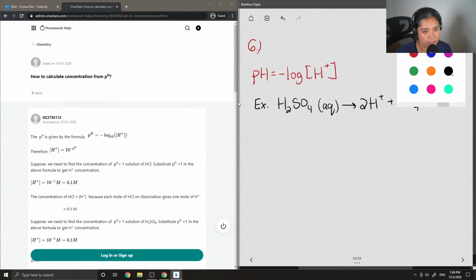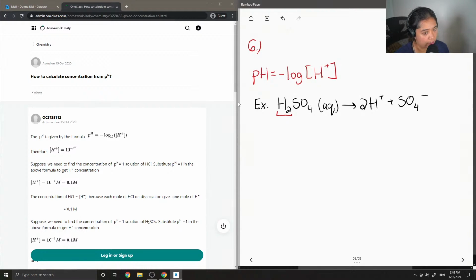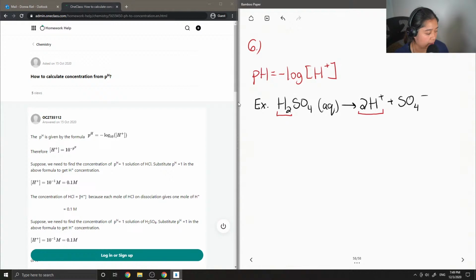So notice that in the balanced equation, since there are 2 hydrogens in sulfuric acid, 1 mole of sulfuric acid will produce 2 moles of H plus ions.